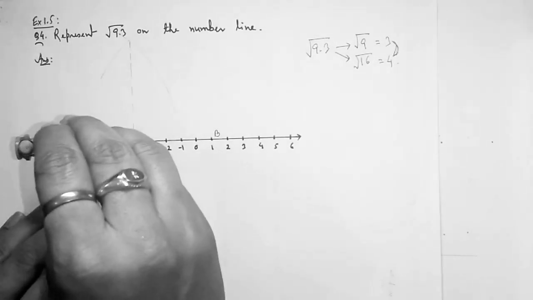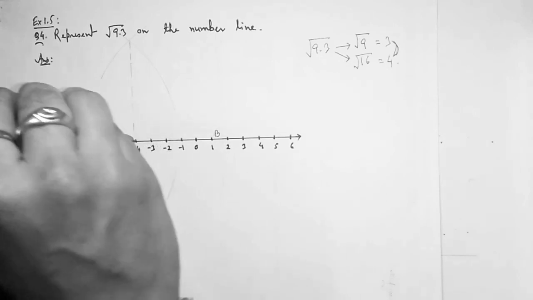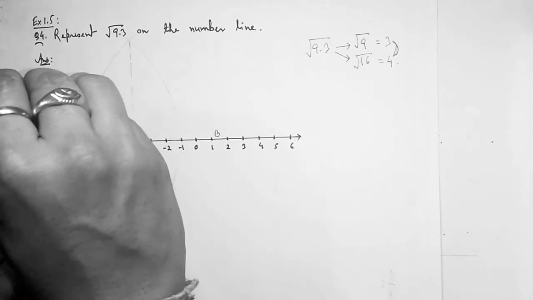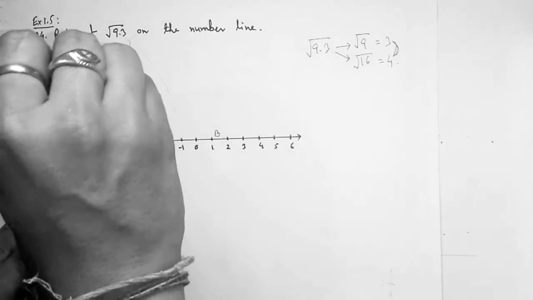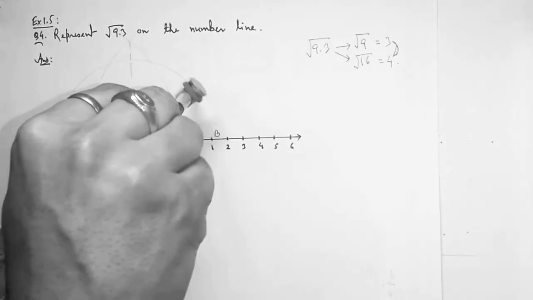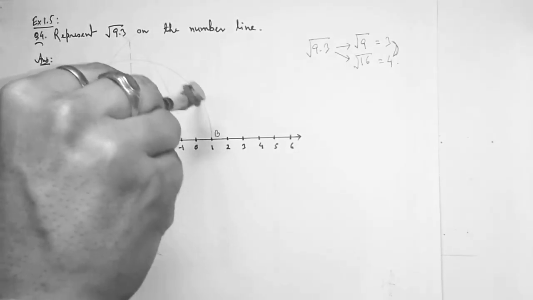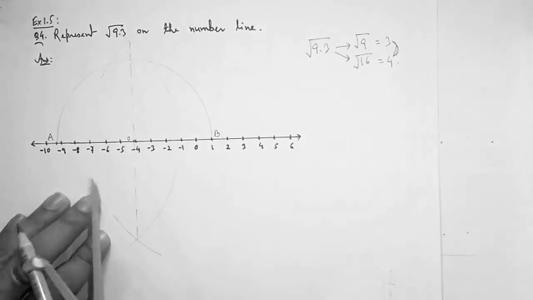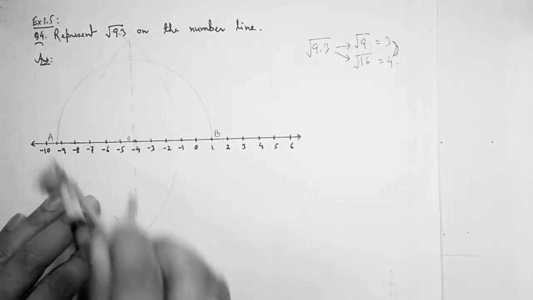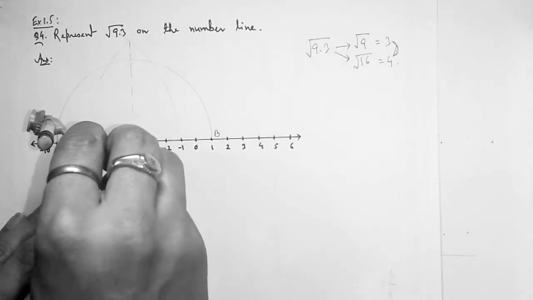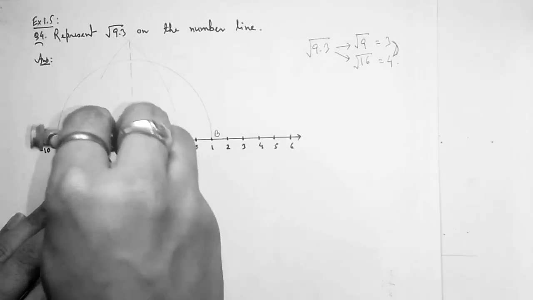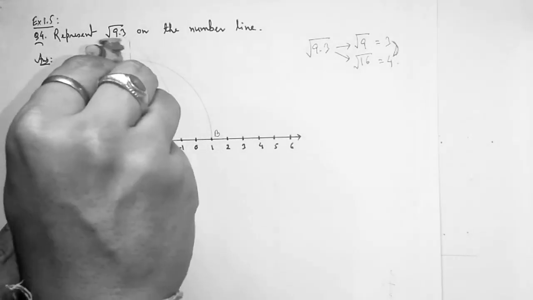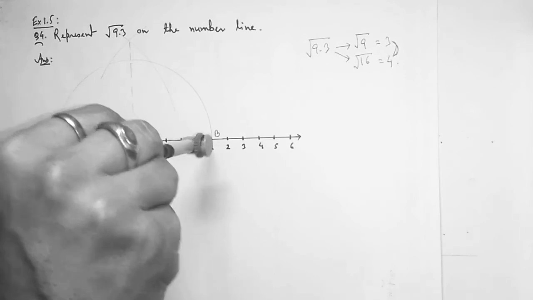So this is the semicircle we need to draw with AB as diameter, or with OA or OB as radius. This is the semicircle we have drawn.